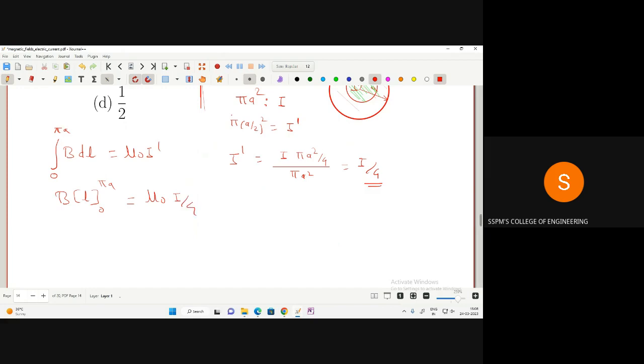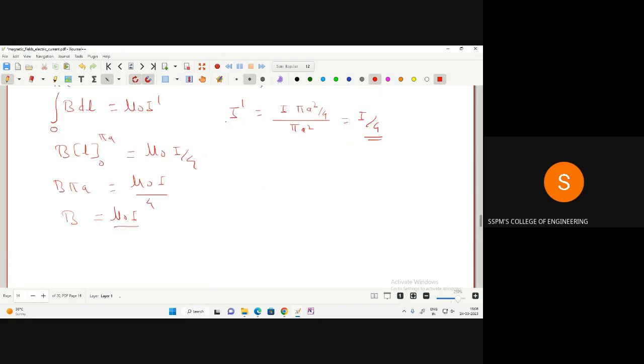So B into pi a is equal to mu 0 I divided by 4. B काय येणार? B इज इक्वल टू μ0 I डिवायडेड बाय 4 पाय a येणार. हा इक्वेशन नंबर 1 झाला.